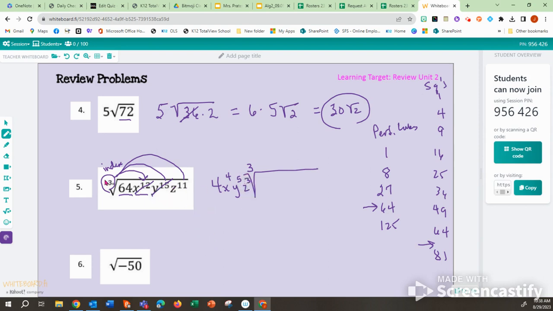And then 3 times 3 is 9, and 11 minus 9 is 2. So I'm going to have z to the 2nd left over in my radical. That just means z to the 11th was not a perfect cube. And I was always taught to put a little line through my z so my z doesn't turn into something that looks like a 2.